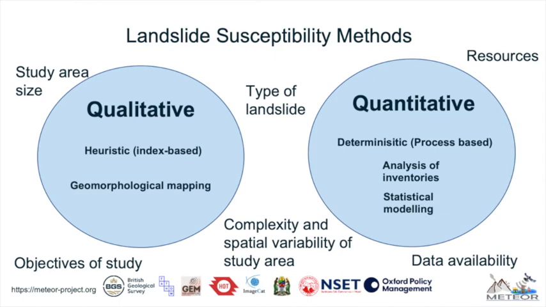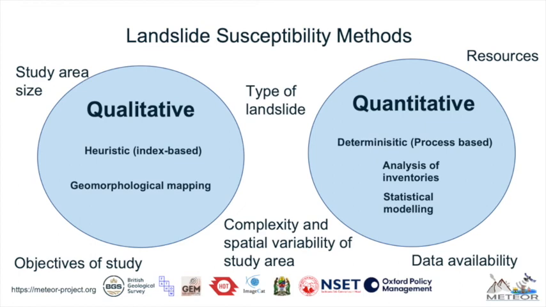And also, how complex is the study area and how variable are the factors and how do they change spatially? So if there's not a lot of spatial variability, this will be less useful for some of the statistical methods that can be used. Data availability also plays a significant role, as some of the techniques are data intensive. Resource availability, such as computing power and time, are also a factor in considering what method you will be choosing.